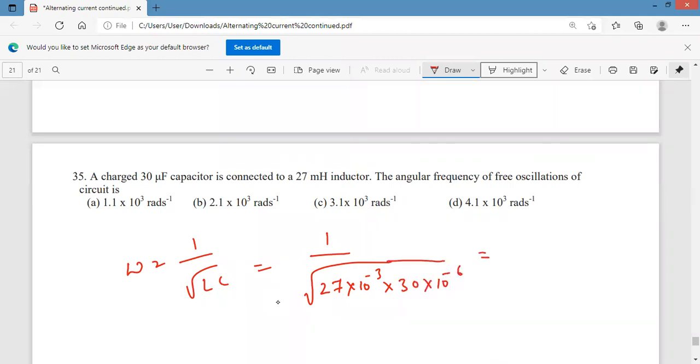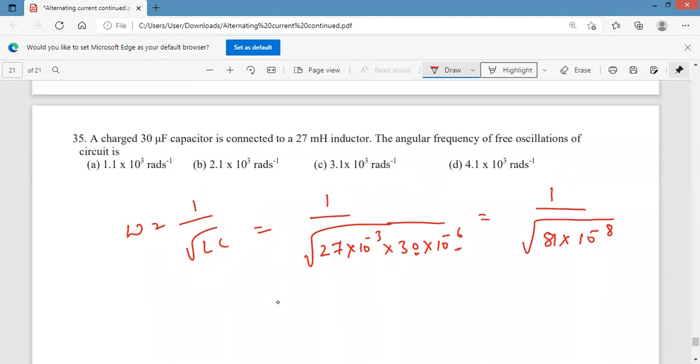So that can be written as 81 into 10 to the power of minus 8. Then omega is equal to 1 divided by 9 into 10 power minus 4.